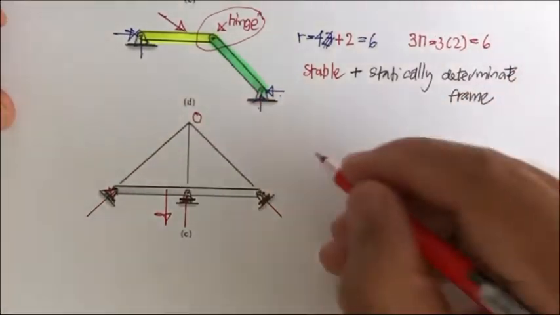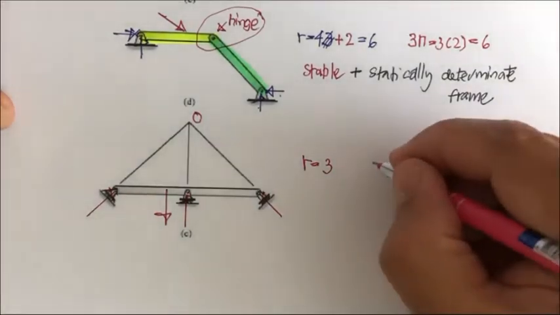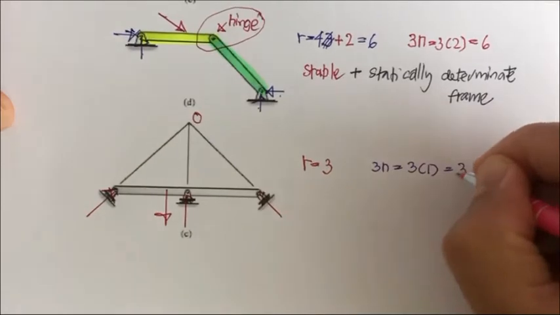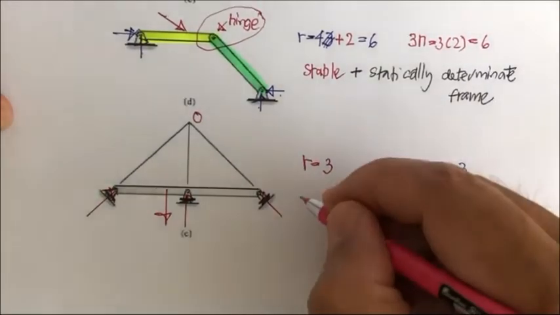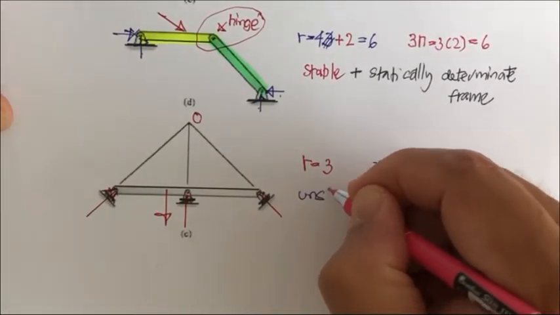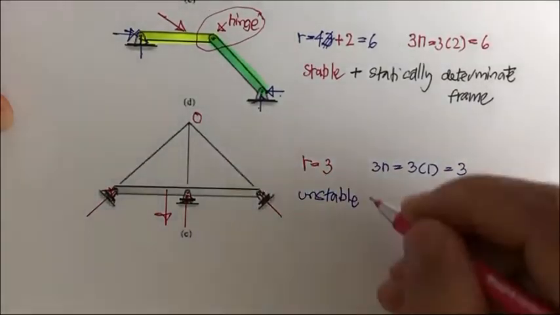Okay, so R is 3, and then 3n is going to be 3 times 1, which is 3. Although they are equal, this structure is going to be classified as unstable. Unstable due to what?